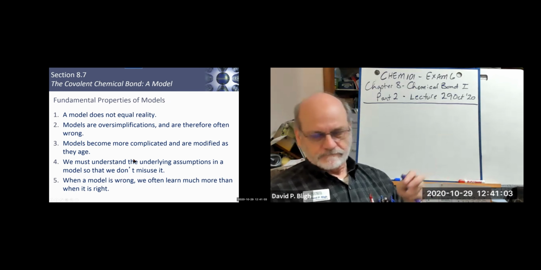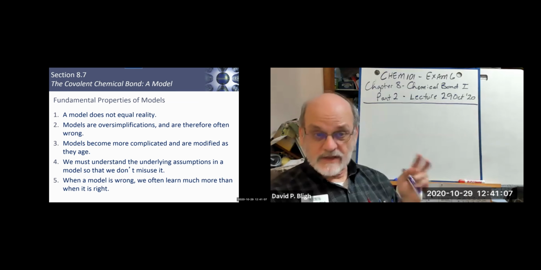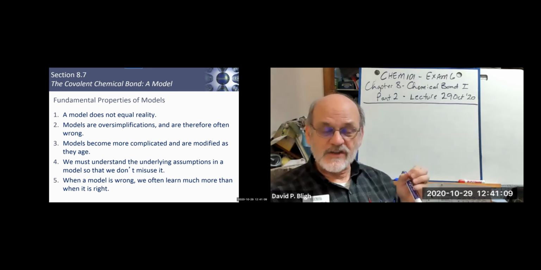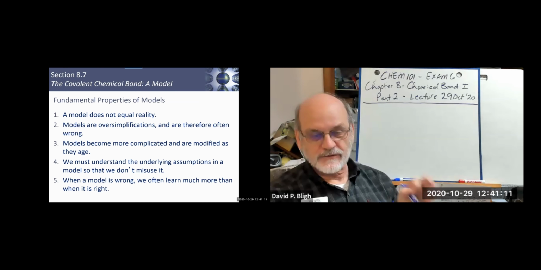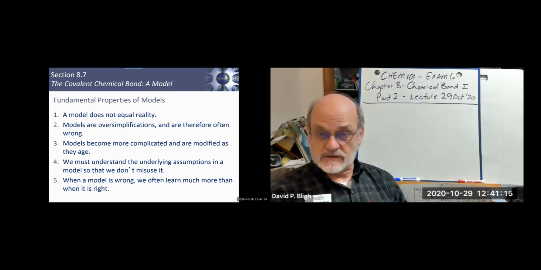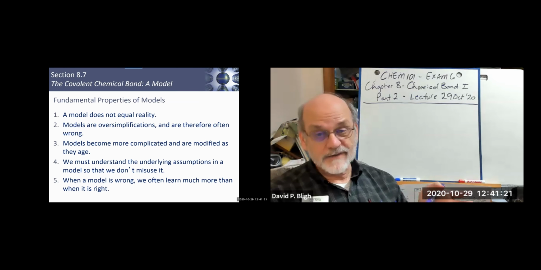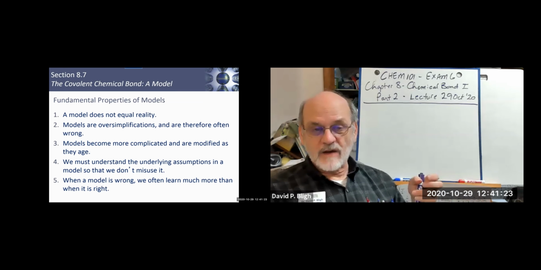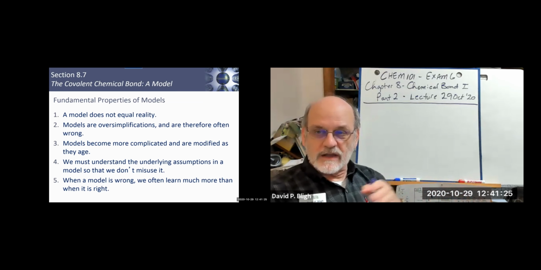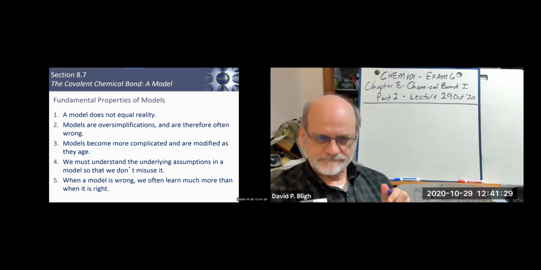Okay, so what are some fundamental properties of models? I already mentioned one. A model does not equal reality. That's first and foremost. Models are simplifications of reality, and as a consequence, very often they're wrong. They may not be totally wrong, but they may be wrong in certain elements of their presentation.